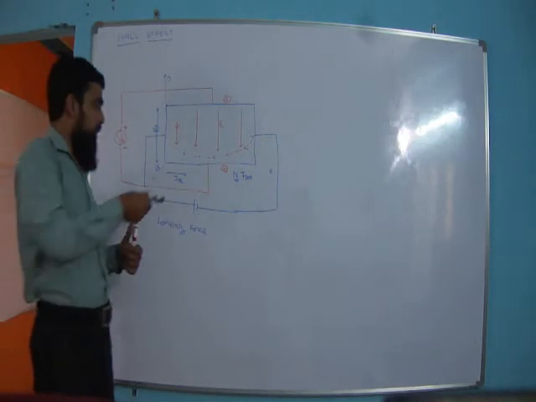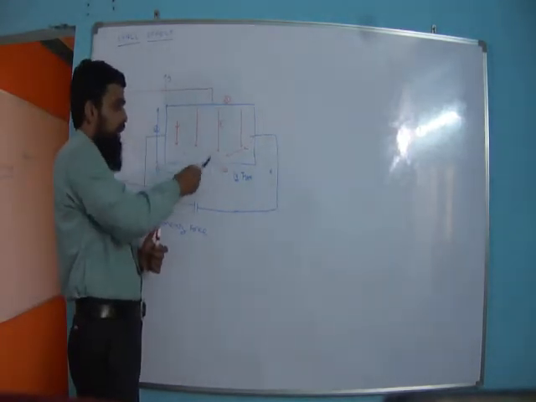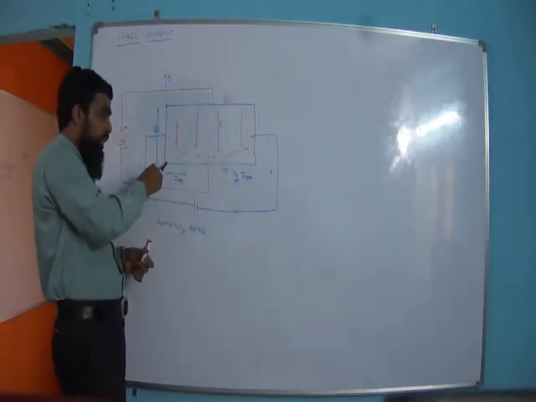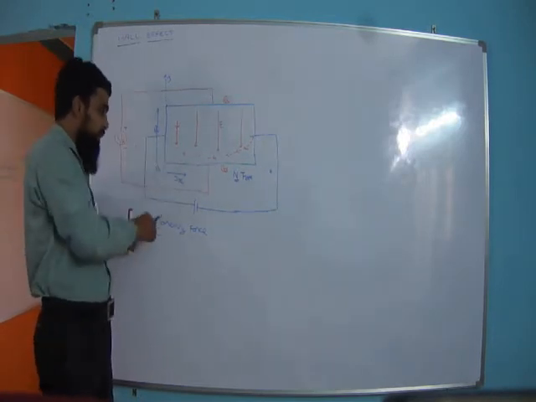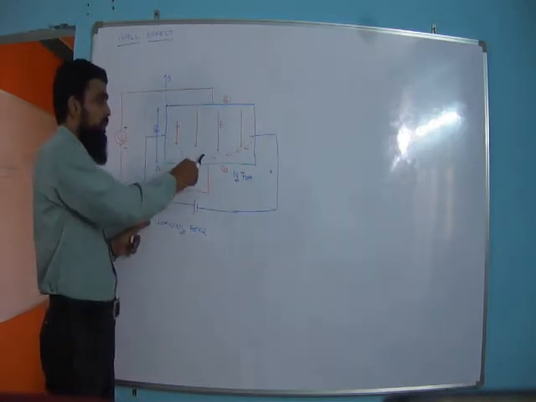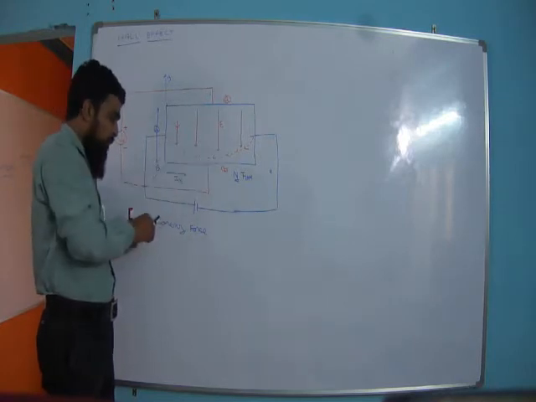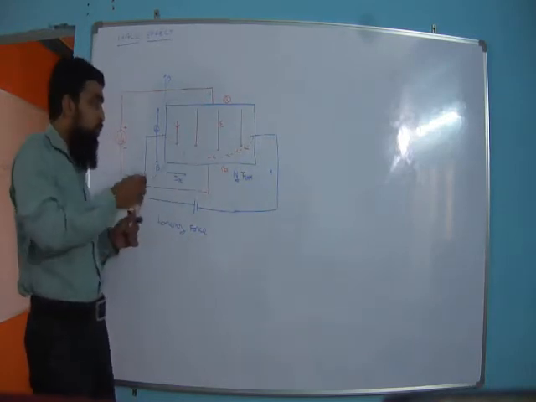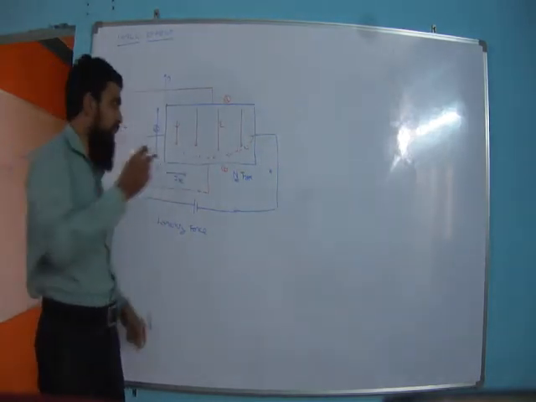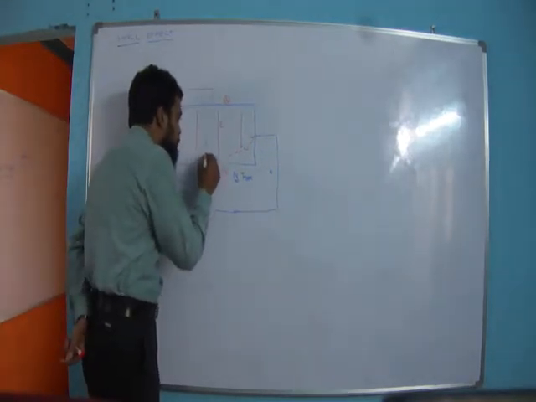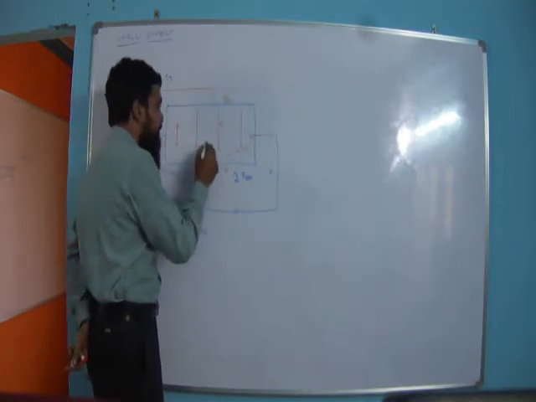According to the Hall effect, when a current carrying conductor is placed in a perpendicular magnetic field, a force acts on the charge carriers, and this force pushes these charge carriers down. So there is a downward force because of this magnetic field.